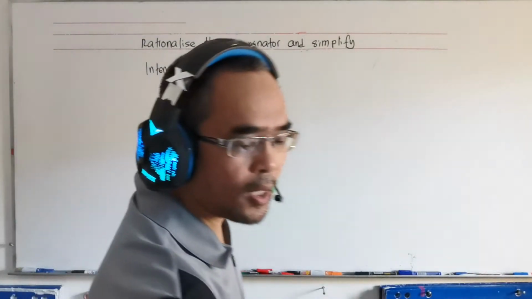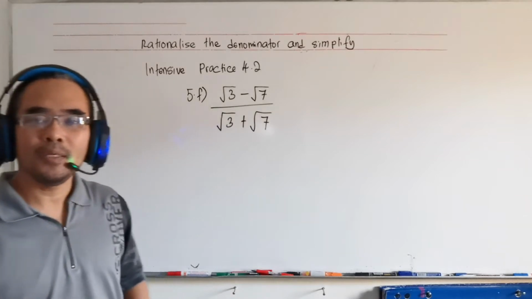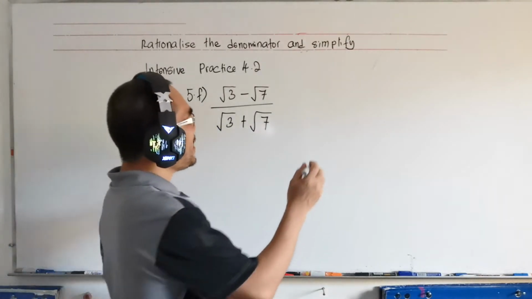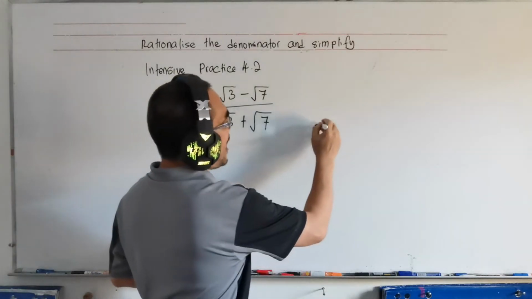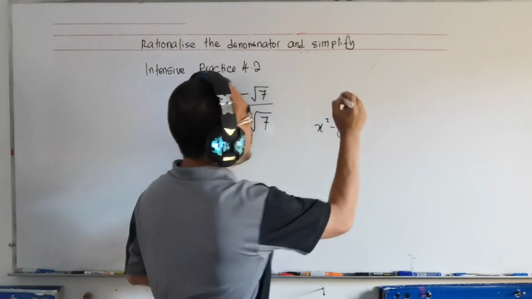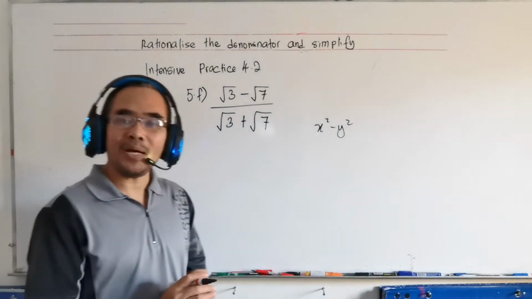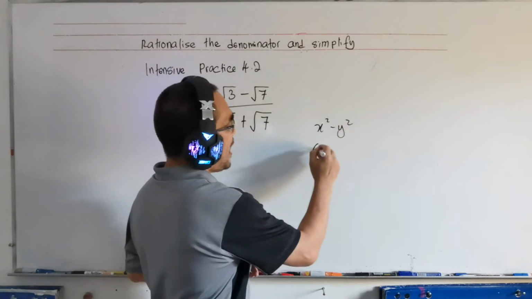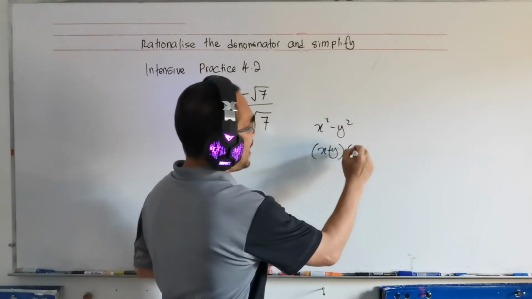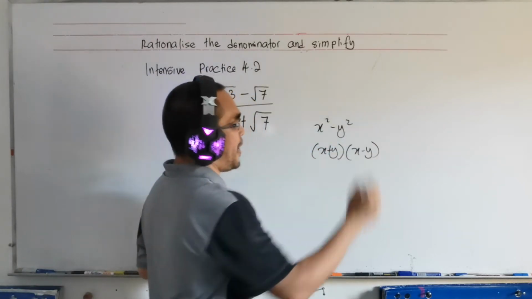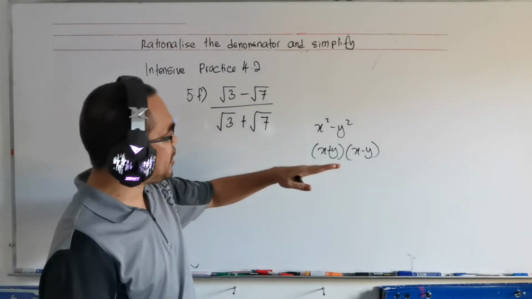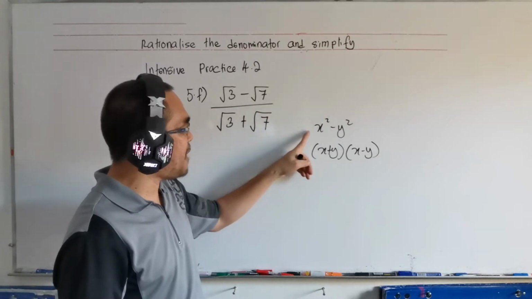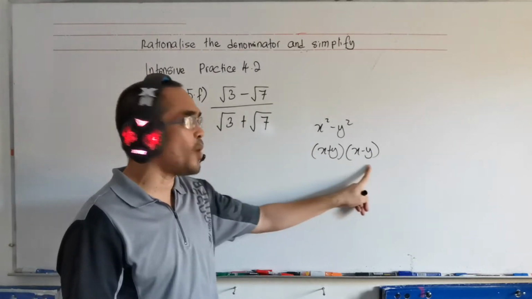Before we do this question, let's review a little bit the factorization of x squared minus y squared. If you still remember, this is Form 2 syllabus. It should be x plus y and x minus y. And how do we know that the factorization of x squared minus y squared is x plus y and x minus y?